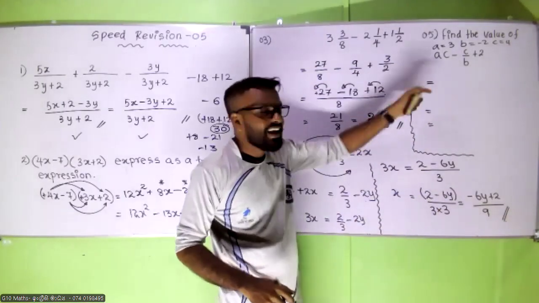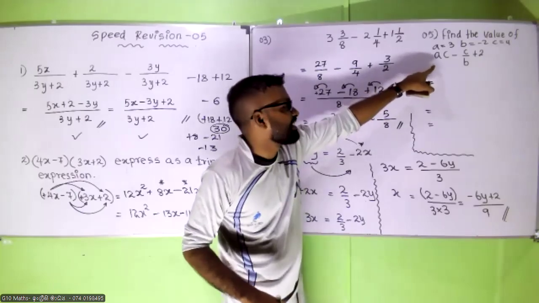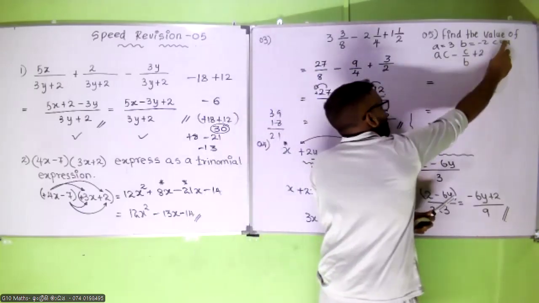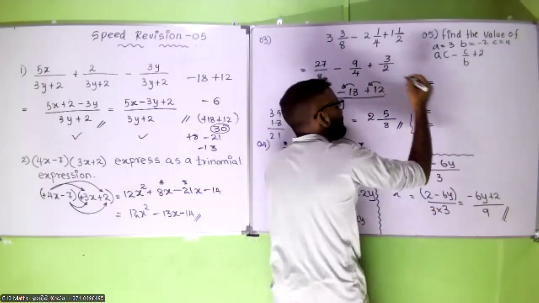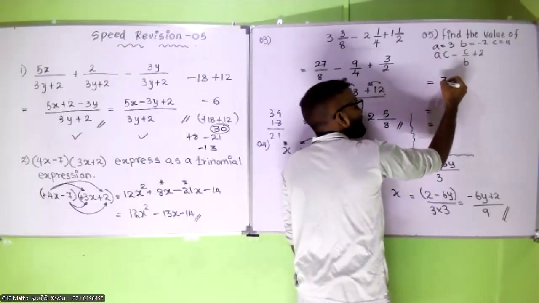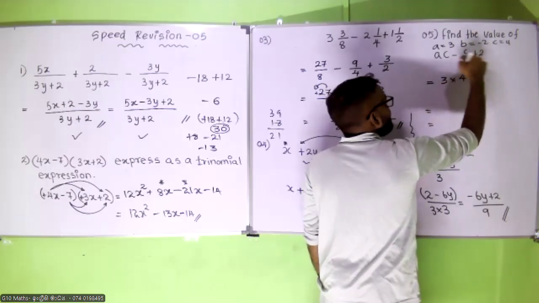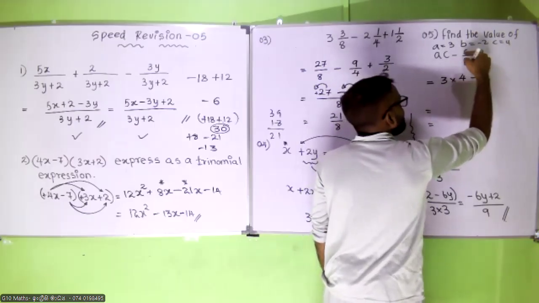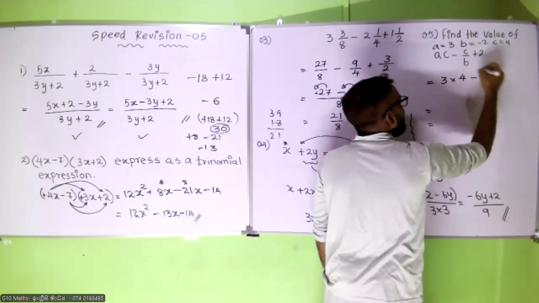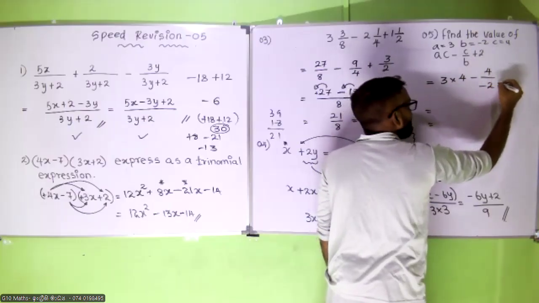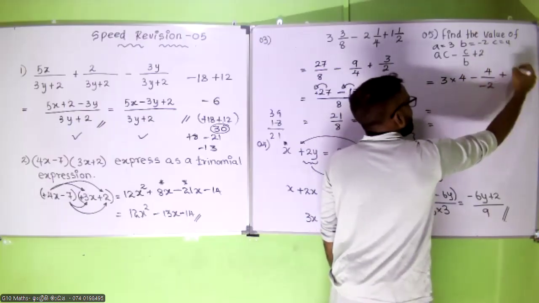I have just made a mistake. C is 4. A equals 3 times C equals 4, so C here is also 4, divided by B, minus 2, then plus 2.